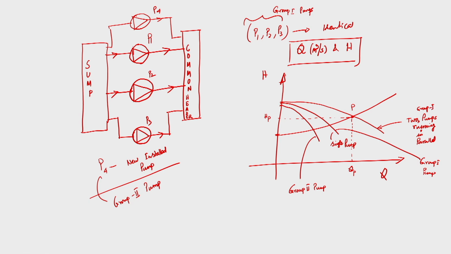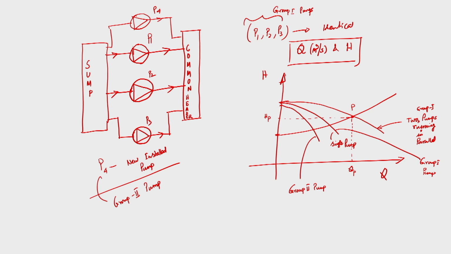In that case, if we run all the pumps in parallel, then the total H-Q curve, whenever 2 group 1 pumps and 1 group 2 pump are connected in parallel, will be like this.